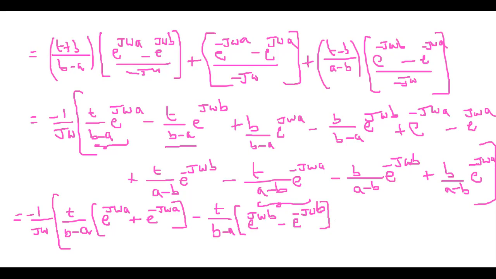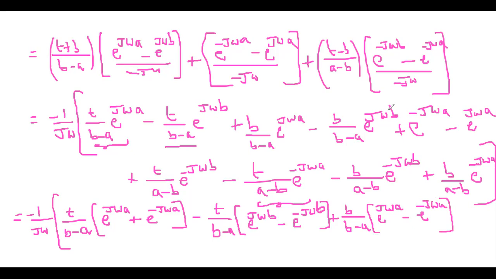Now we got these four terms, then another two terms here, it is b by (b − a) and b by (a − b). I am taking b by (b − a) e^(jωa). Now the (b − a) means minus e^(−jωa).